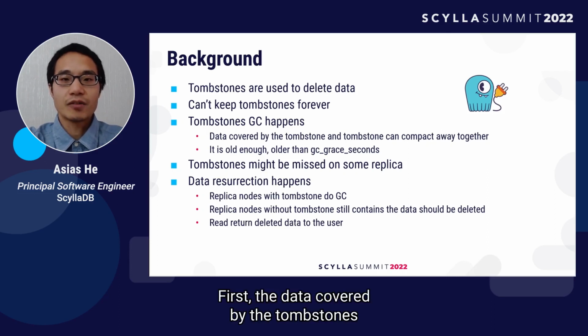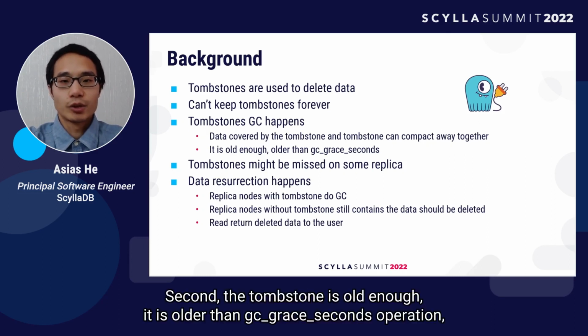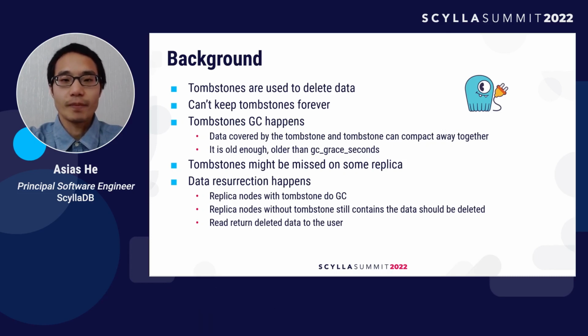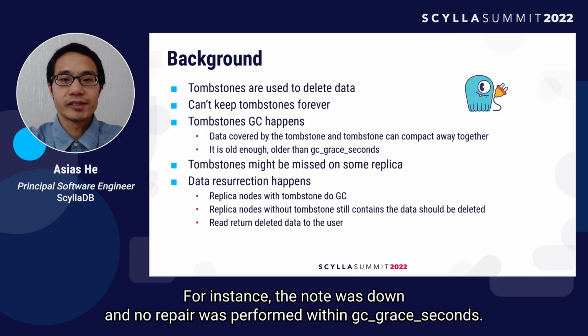First, the data covered by the tombstones and the tombstones can be compacted away together. Second, the tombstones are old enough. They are older than gc_grace_seconds, which is 10 days by default. However, the tombstones might be missed on some of the replica nodes. For instance, a node was down and no repair was performed within gc_grace_seconds.